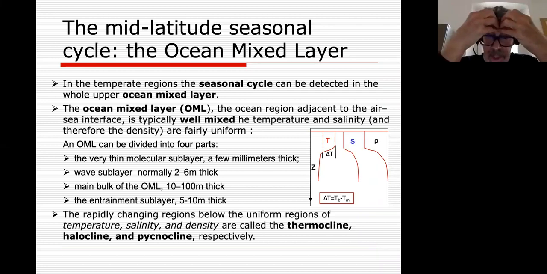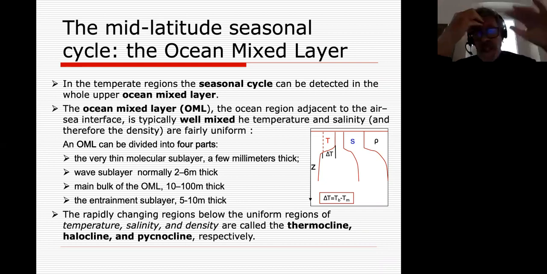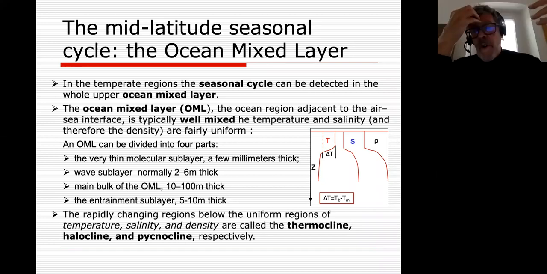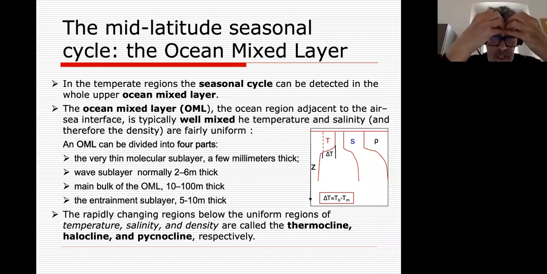And this is particularly critical during the day, when a very strong temperature gradient takes place in the very upper layer of the ocean, when the ocean is calm and the wave stirring is reduced.